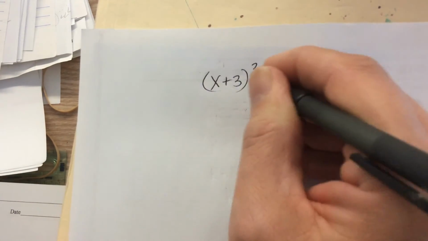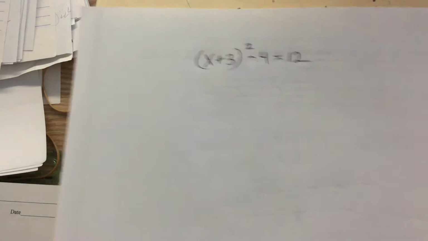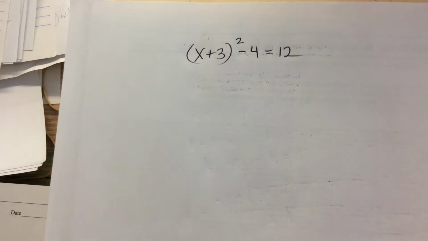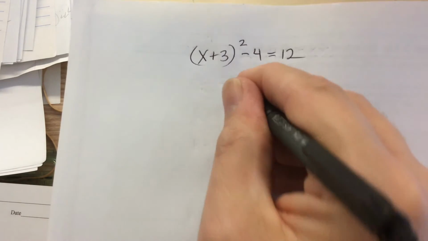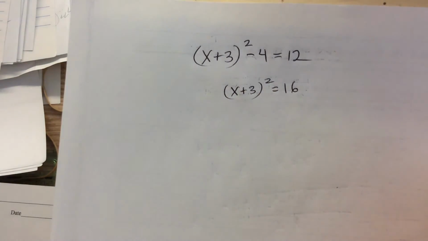How about this? x plus 3 quantity squared minus 4 equals 12. What can I do here? You mean add 4 to both sides? I can do that. If I do, I'll get x plus 3 quantity squared is equal to 16. Now what?